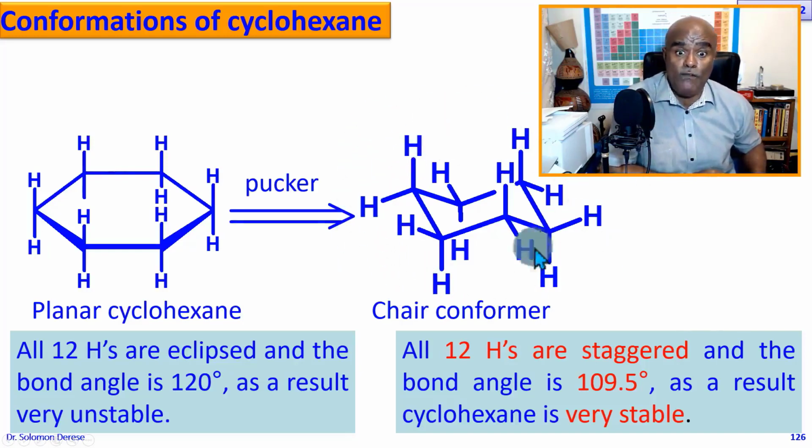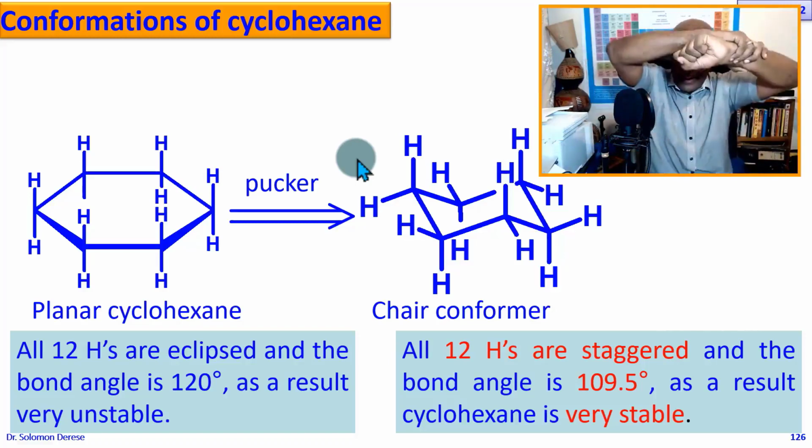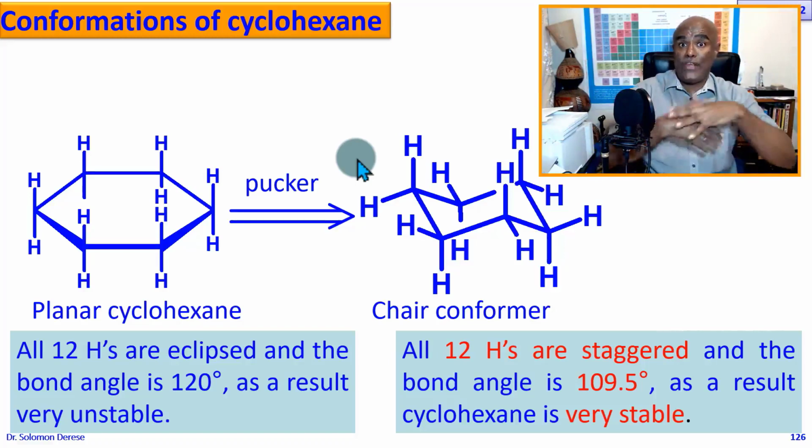Now, this is even consistent with the experimental data from the heat of combustion, which has shown us that cyclohexane is the cycloalkane that has the least energy per CH2, the most stable. It has the same energy as an open chain alkane, as stable as an open chain alkane. By forming a ring, it did not become strained.